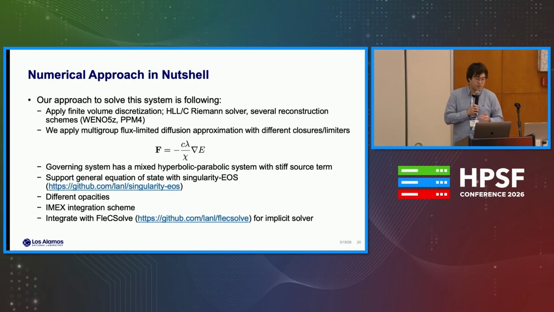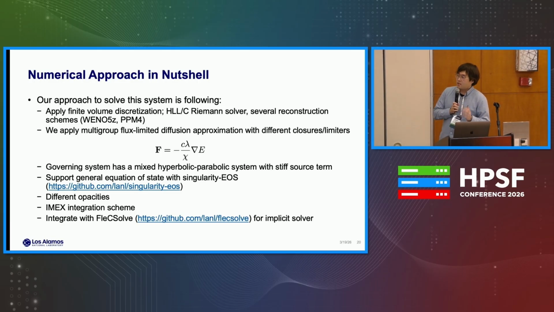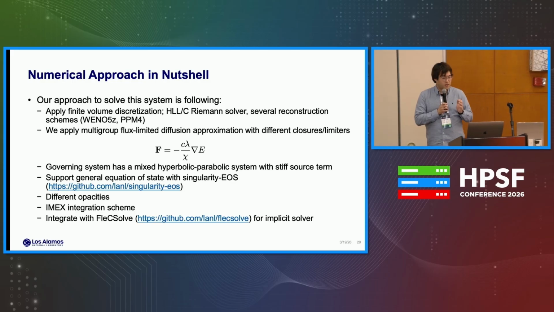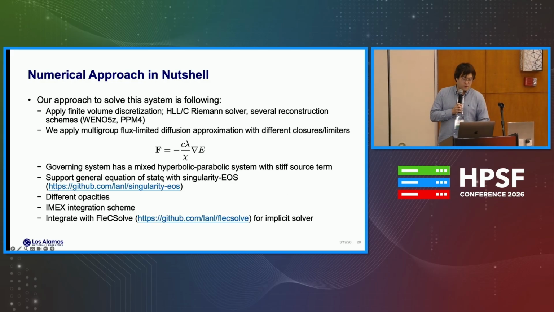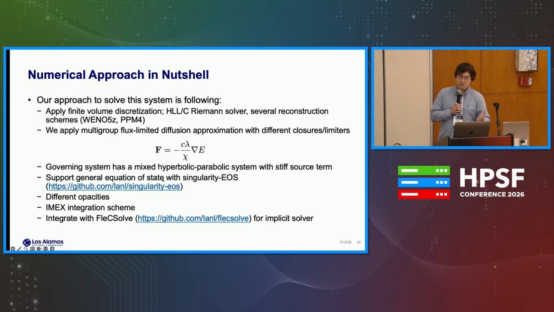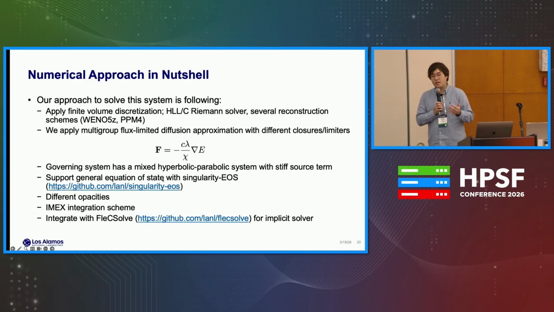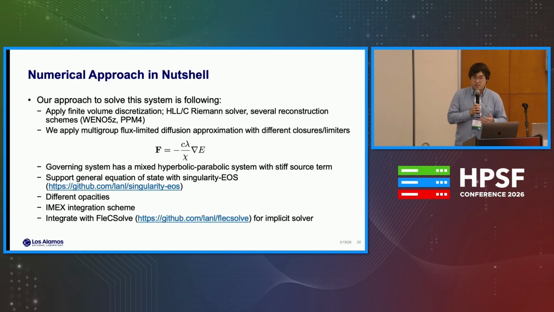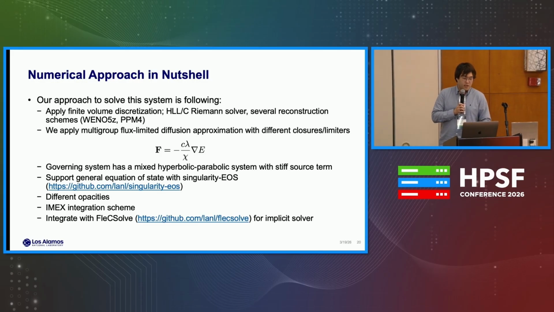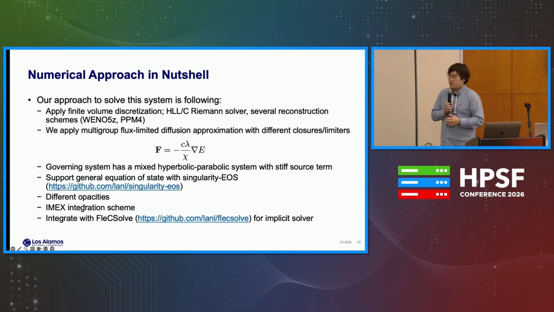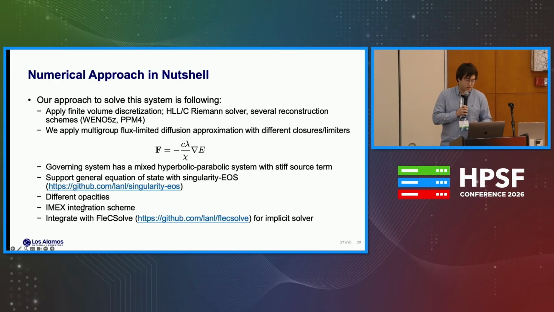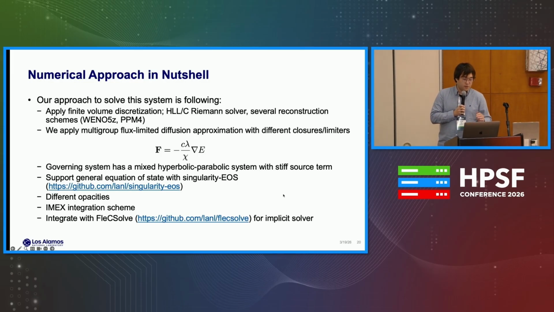We're using multi-group, which gives you a mixed hyperbolic-parabolic system with a steep source term. And then we also support something called the Singularity EOS that can read some tabulated equation of state and also opacity data. And we also have the IMEX integration scheme, implicit-explicit integration schemes, to treat both hydro and radiation correctly. And we also integrated FleCSolve.